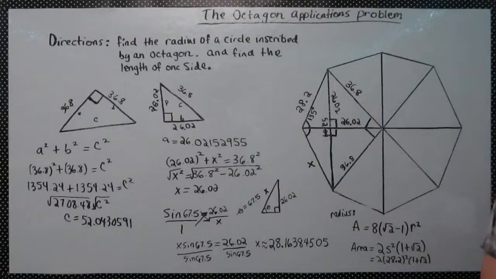So 28 squared times 2 times 1 plus radical 2.